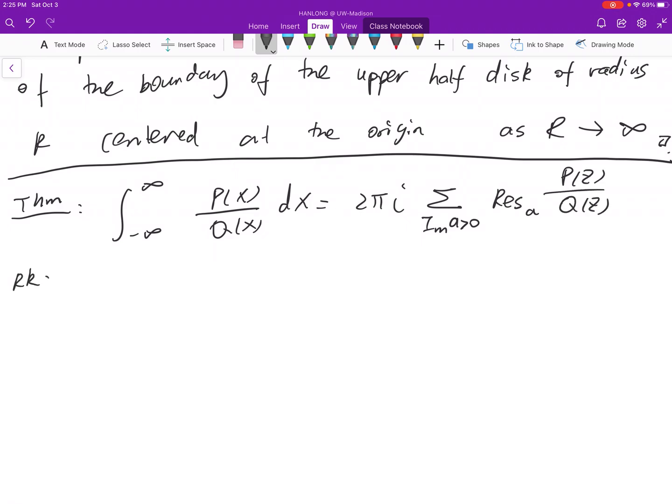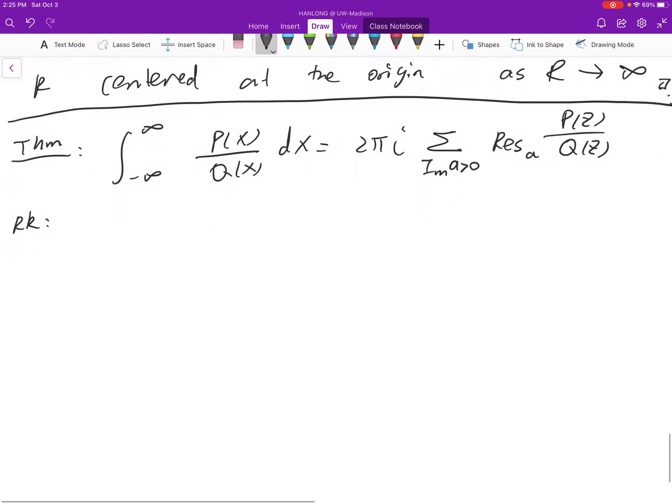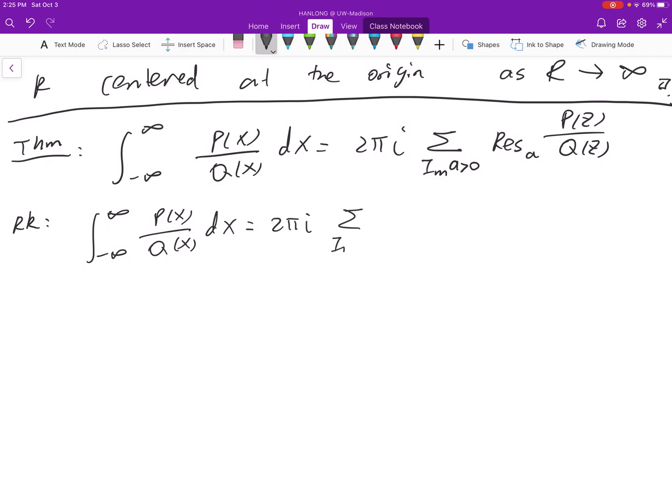Okay, a small remark is the choice of the upper hemisphere has no advantage over the lower hemisphere. Actually, you also have the following formula. You just take one of the sides.